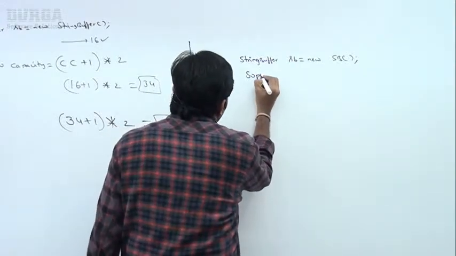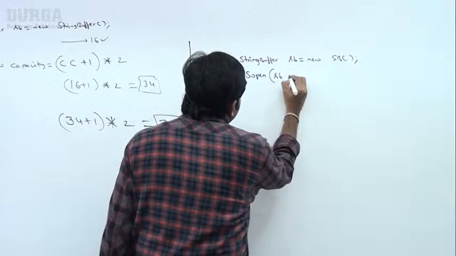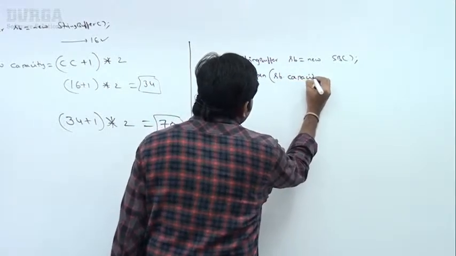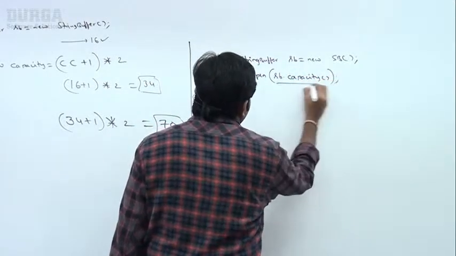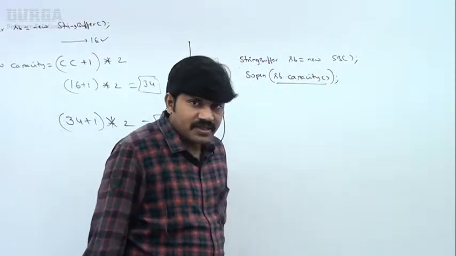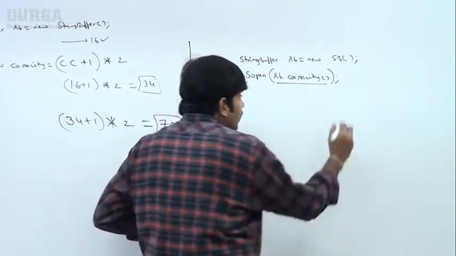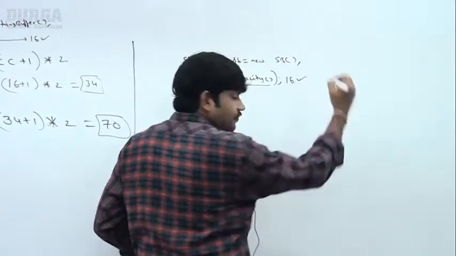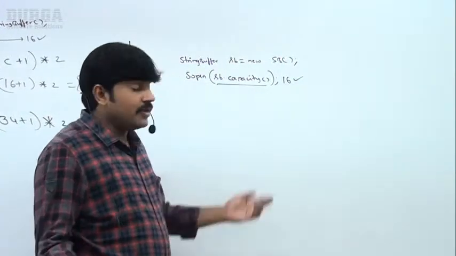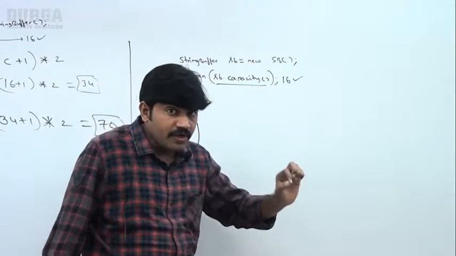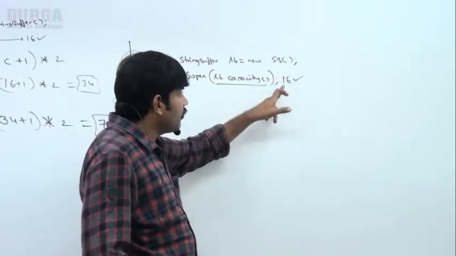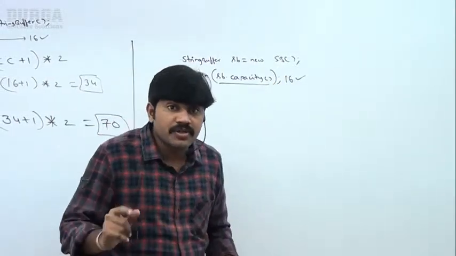Now, System.out.println(sb.capacity()). Then what is the default initial capacity? 16. Practical proof: if I execute this code, 16 is the answer we are going to get.